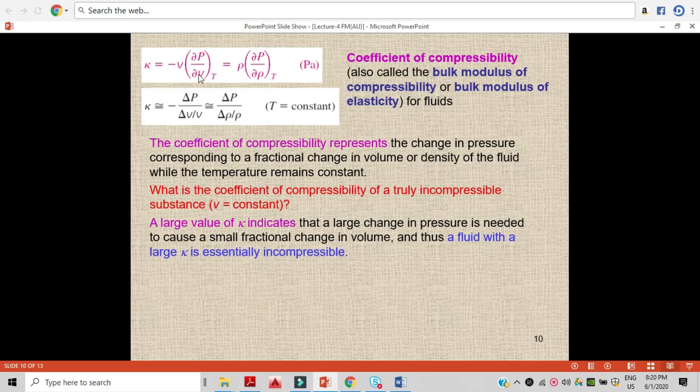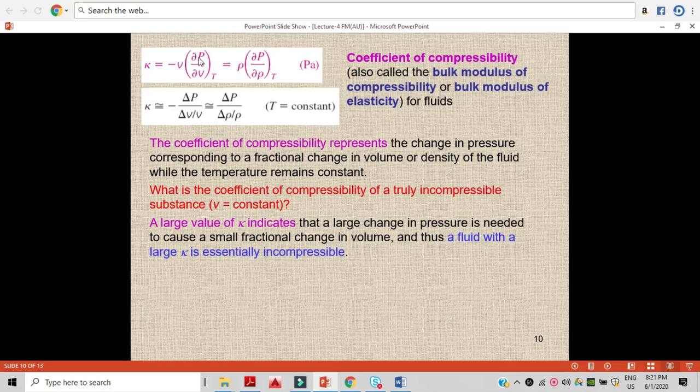Delta V over V is the fractional change at constant temperature. Here there is a negative sign. It indicates that if you increase the pressure, the volume will decrease. So one thing is increasing and one thing is decreasing, and the negative sign indicates this.